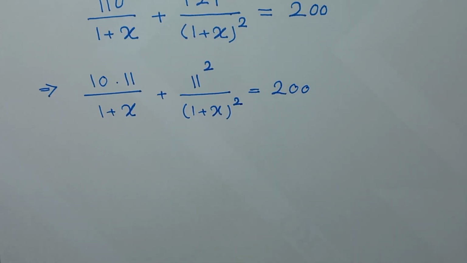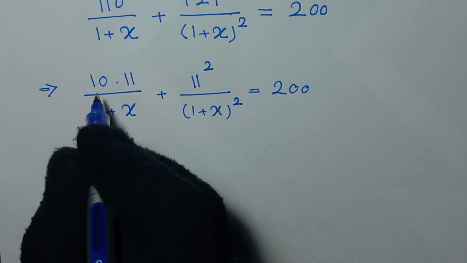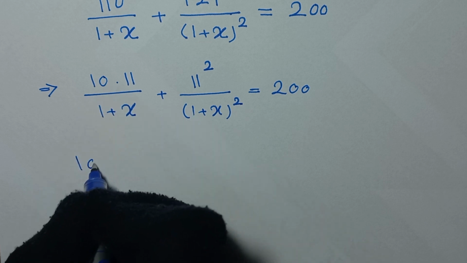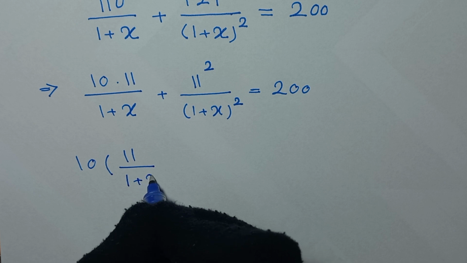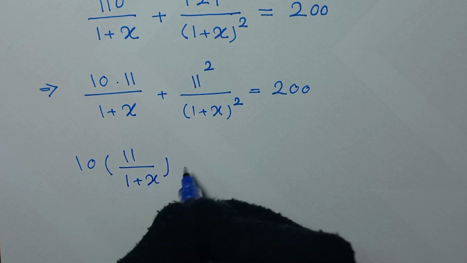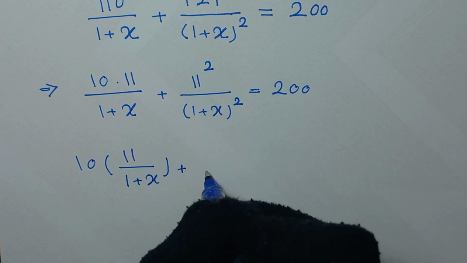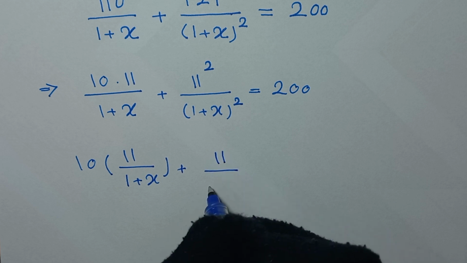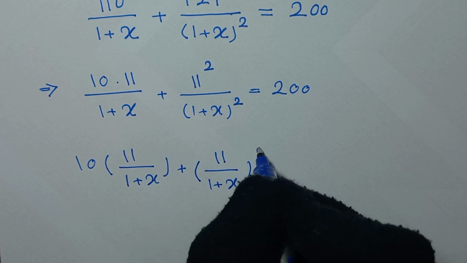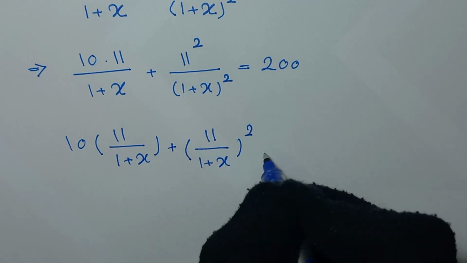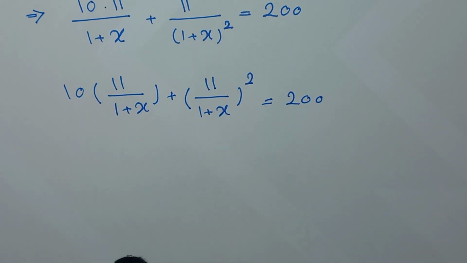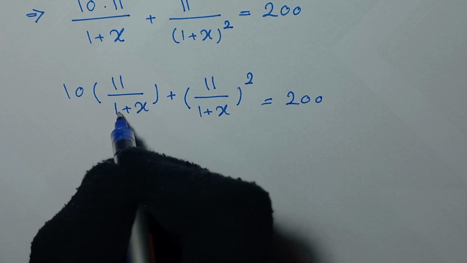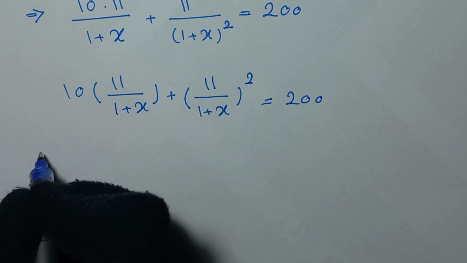In the next step, we can write this as 10 times 11 over 1 plus x, plus (11 over 1 plus x) to the power of 2 is equal to 200.